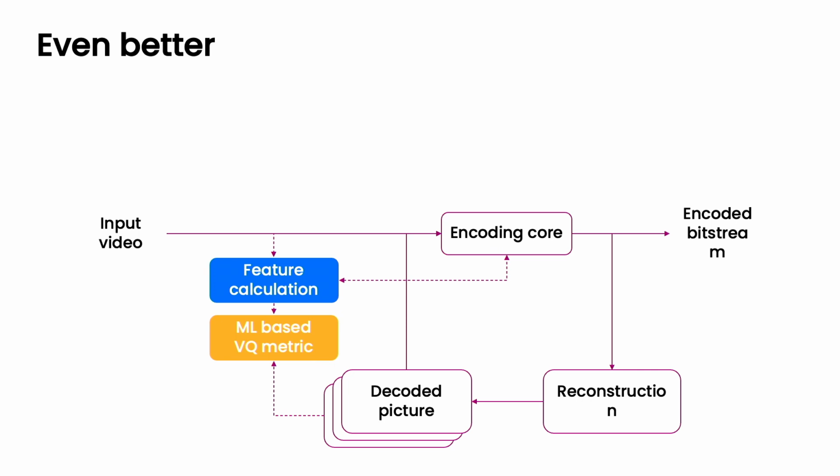But still, if we want to reach our goal of, let's say, only adding marginal increases in computational cost, we want to go one step further. And that brought us to this diagram. So again, it's a very simplified encoder diagram. But one thing that you can always take into account is that any typical encoder will have a look-ahead buffer, but also a pre-analysis for every frame, where you calculate some features that are available to you.